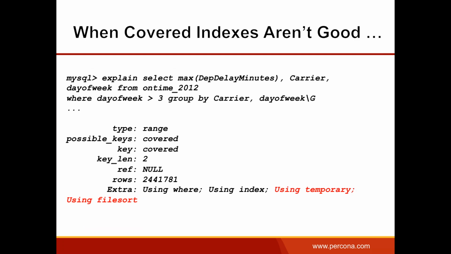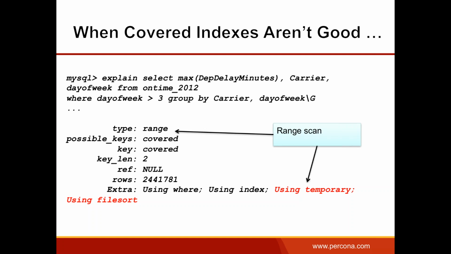Now, there are some cases where the covered index is not very good. And it is where you specify a range. For example, if you are only interested in day of week more than 3 and group by carrier, you also want to group by day of week. In this case, MySQL will not be able to use the index to its full extent.